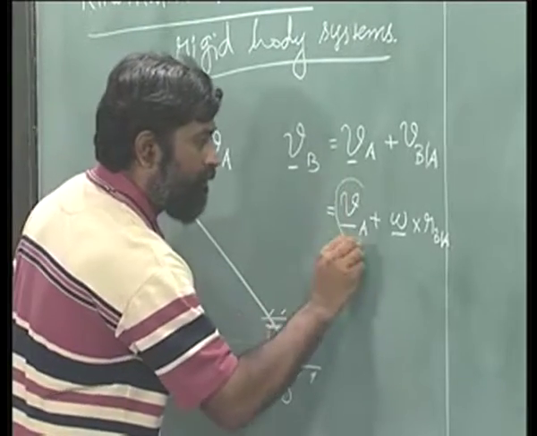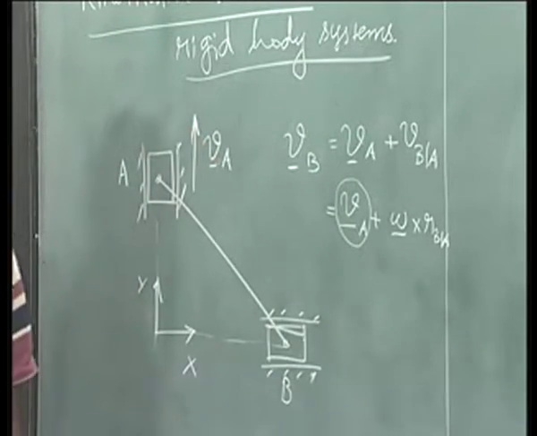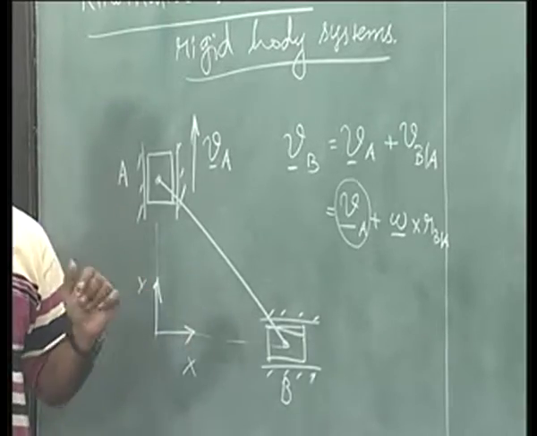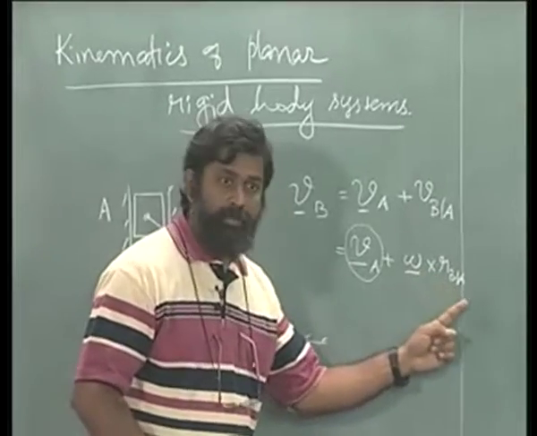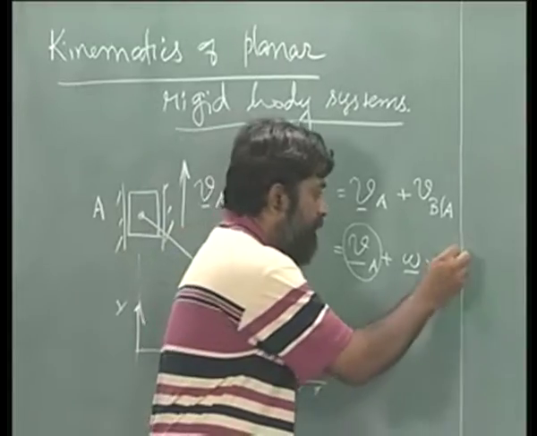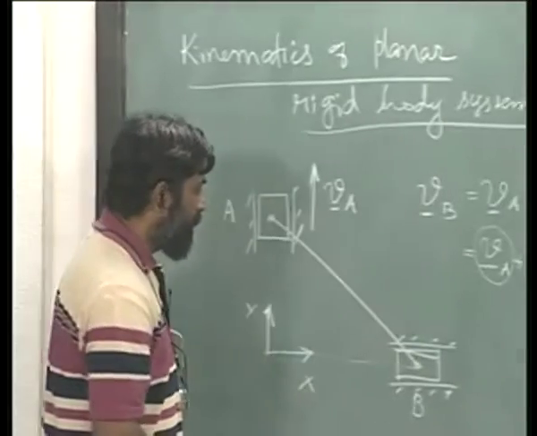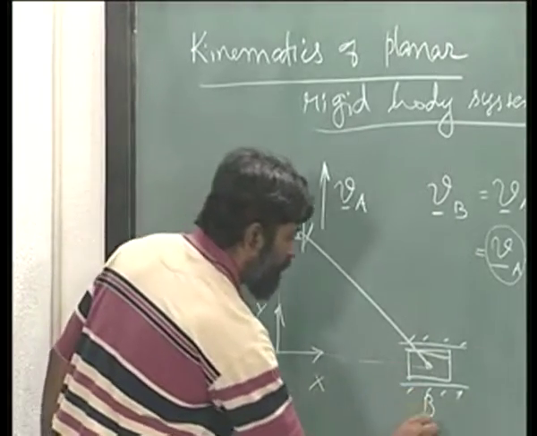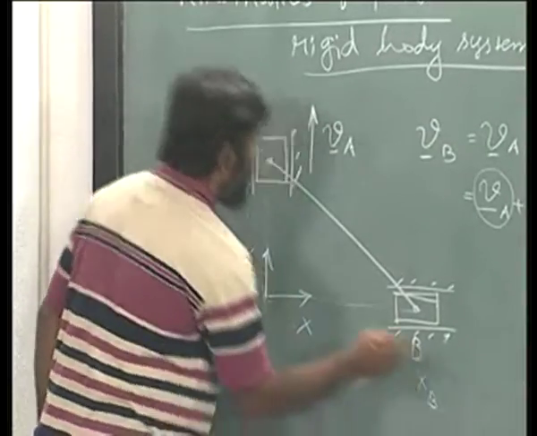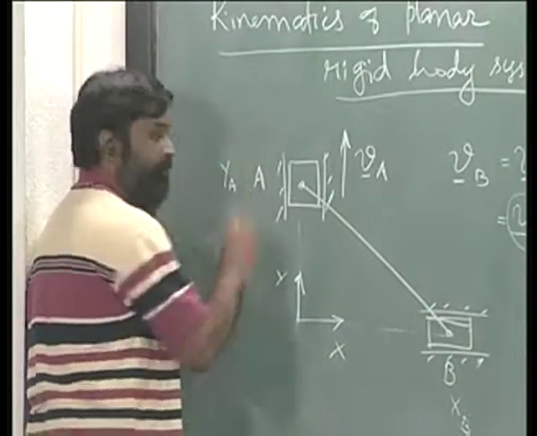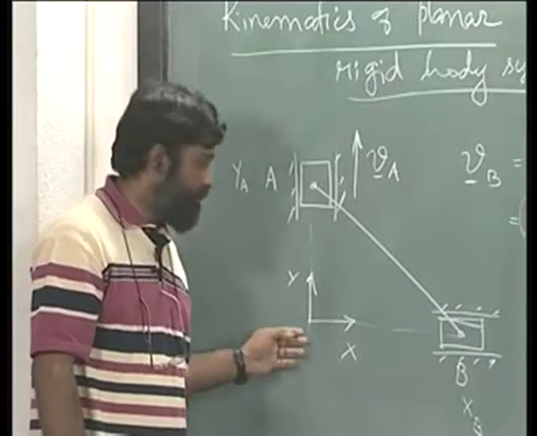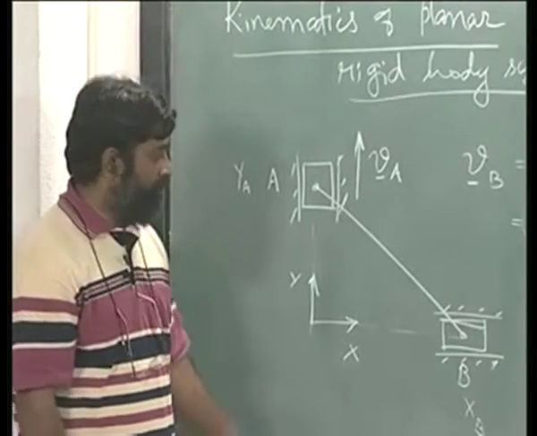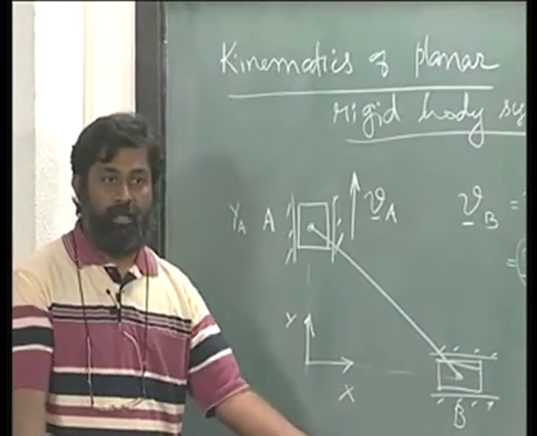A is completely known. What else do we know? Do we know r B with respect to A? The answer is yes. Let us say we have been given the location x B and y A. As you know, x A is equal to 0, y B is equal to 0, and this location is where we need to find out.